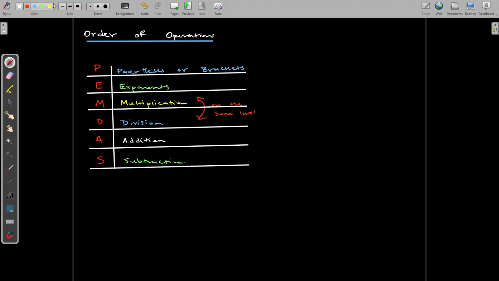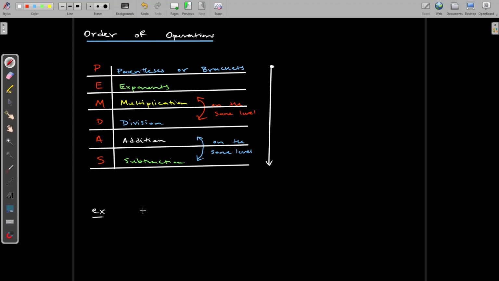Similarly, these two are on the same level. And we would be going from top to bottom. So we'd start up here. We would do the parentheses or the brackets first, then we'd come down to the exponents, multiplication, division, addition, and subtraction, and so on. So a quick example.